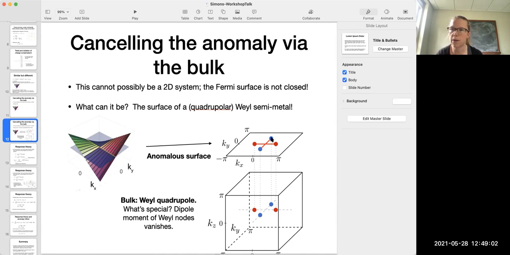So if I erase the red ones and I had a blue one and a red one, then you see this Fermi arc because you have this line connecting the plus and the minus, the positive and negative chirality Weyl node. So that story is not so different here. It's just that when you take this cut, you actually get two branches, right?